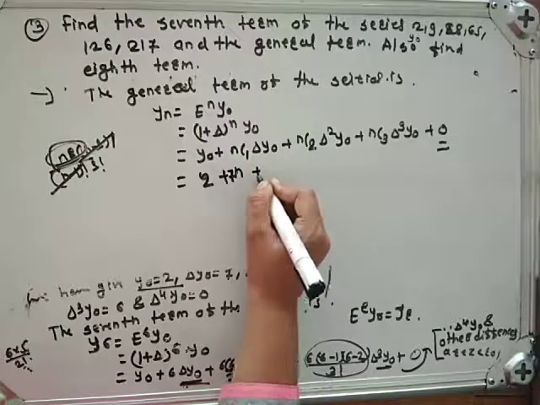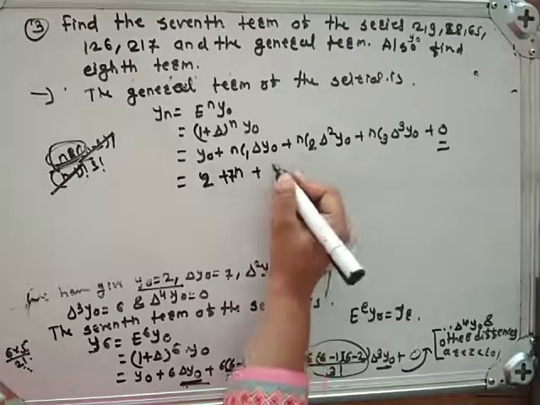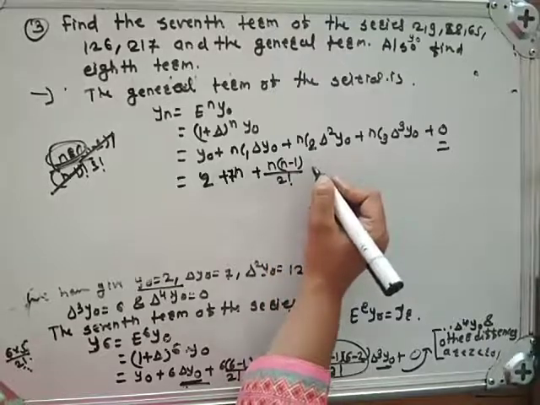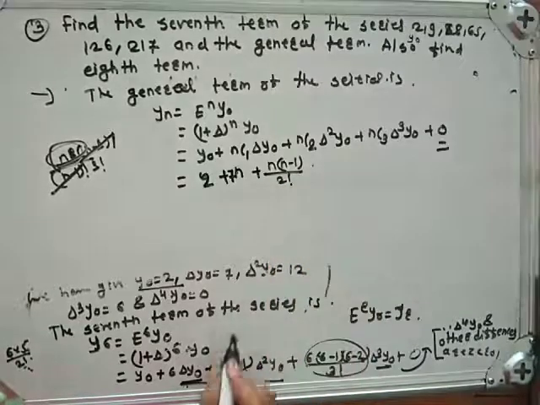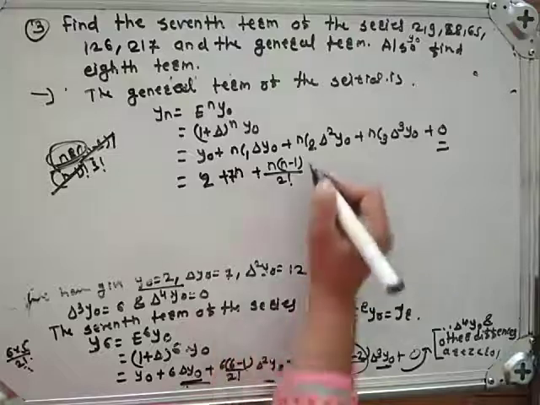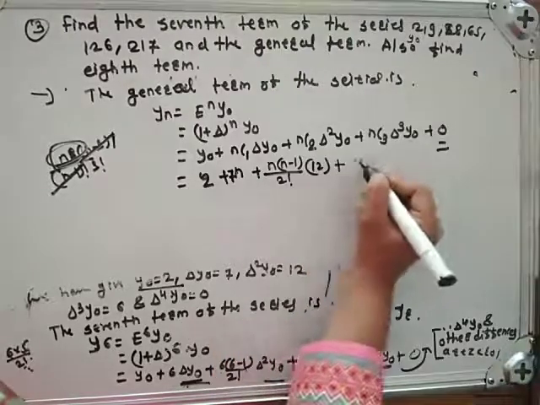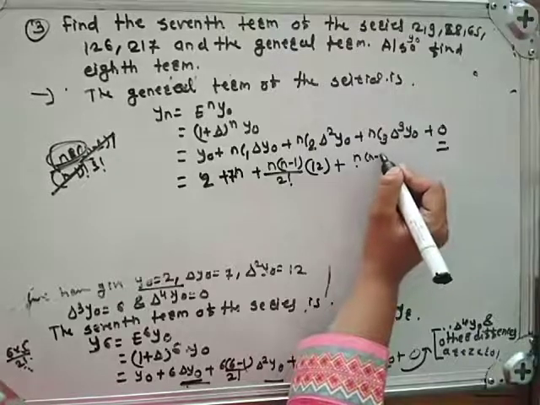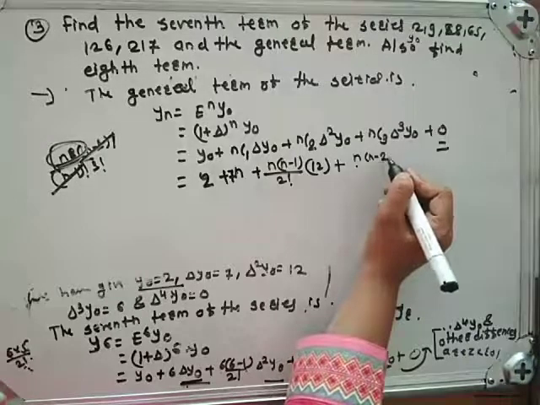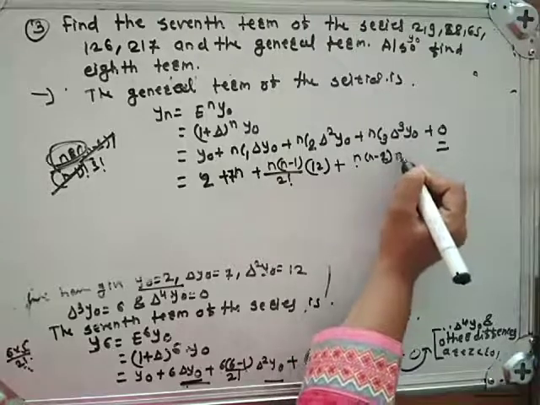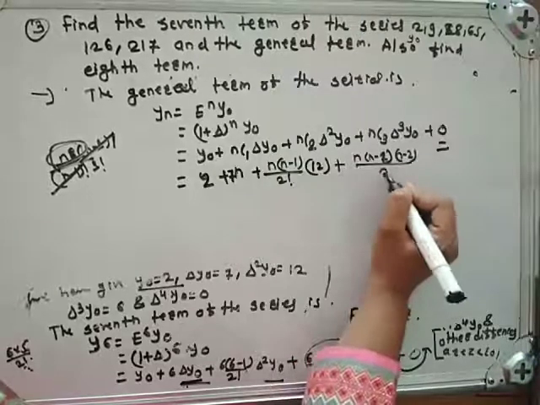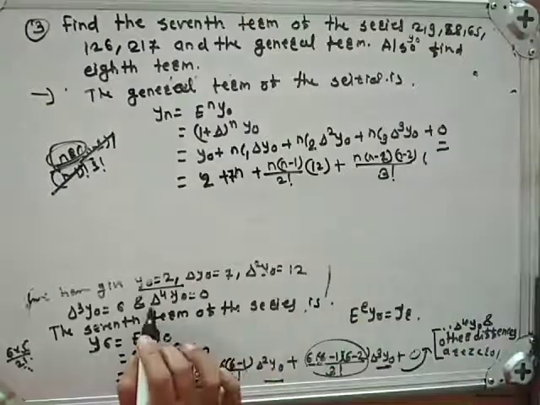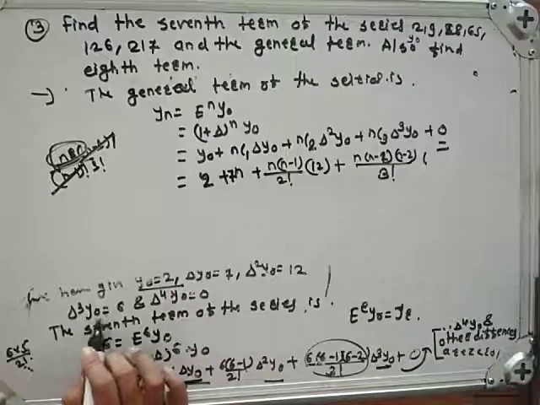plus nC2. nC2 means n into (n minus 1) upon 2 factorial into Δ² of y0, which is 12, plus nC3 means n into (n minus 1) into (n minus 2) upon 3 factorial into Δ³ of y0.